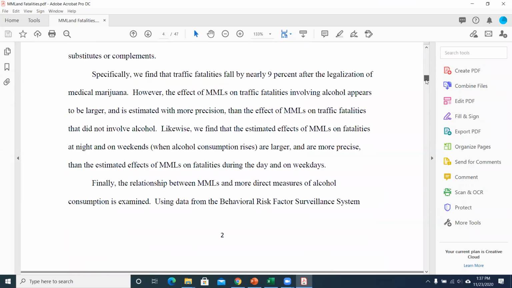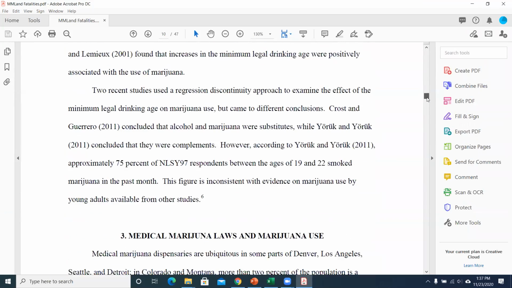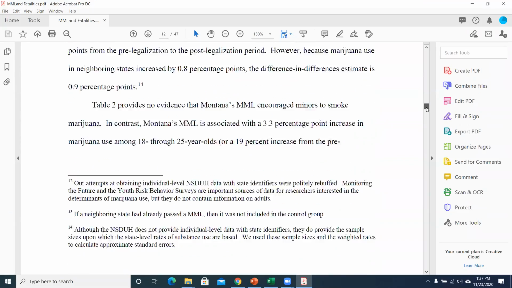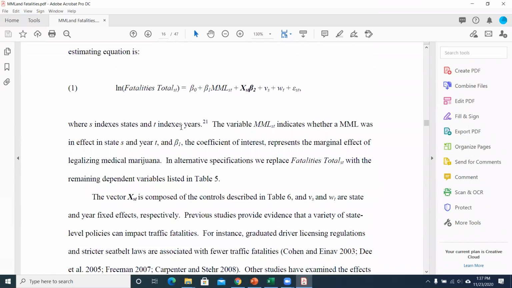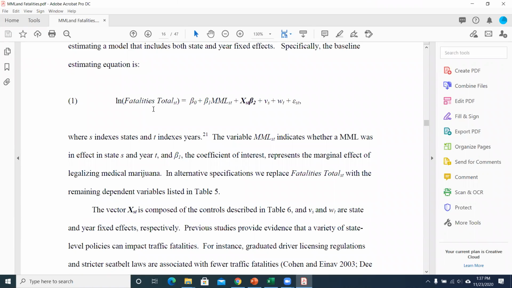We're not going to look through the whole paper. This is how I typically look at papers, by the way, to find interesting results. Here we go. Usually they will tell you what their regression model is. Here we've got the natural log of total traffic fatalities.